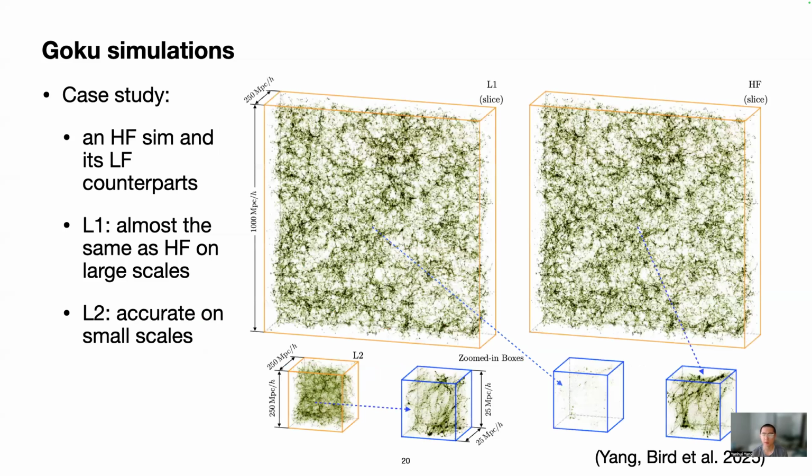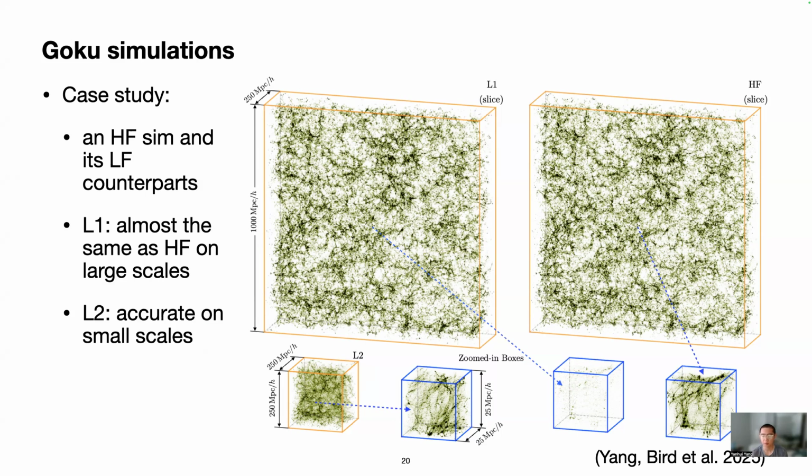Here is a visualized high fidelity simulation and its low fidelity counterparts L1 and L2. From here, we see that the L1 simulation looks almost the same as the high fidelity simulation on large scales, while it cannot form smaller structures due to insufficient resolution.